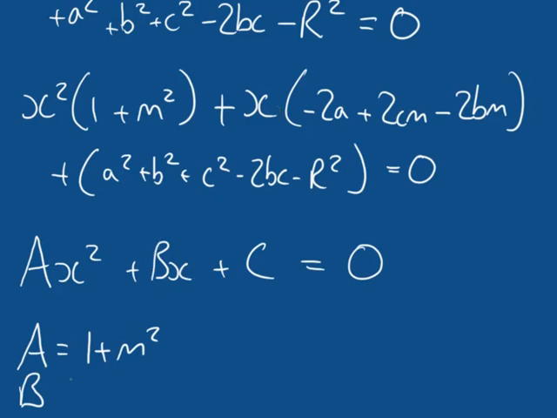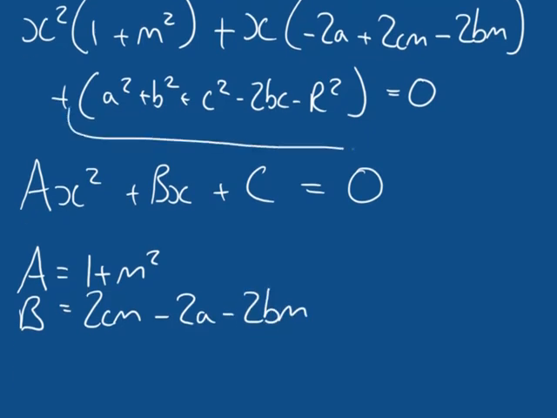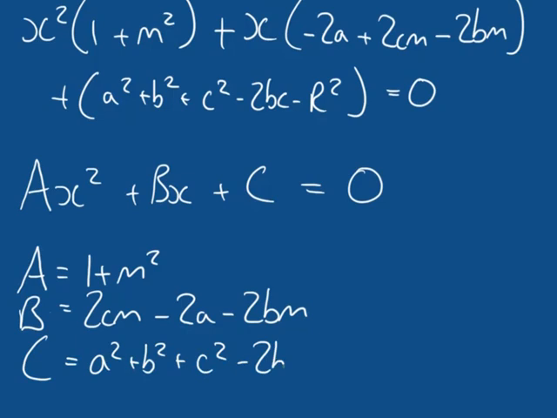So B is equal to, I'm actually going to write our positive 2cm first. So 2cm minus 2a minus 2bm. And then C is this constant term here. So C is equal to a squared plus b squared plus c squared minus 2bc minus r squared.